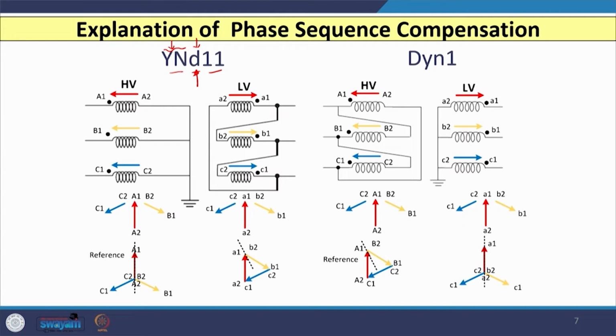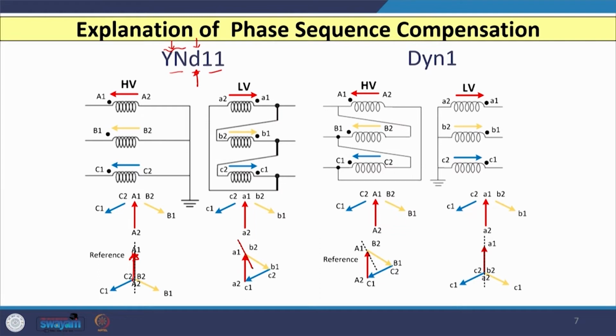We have already discussed that if I draw the phasor diagram for this star grounded delta 11 connection, then the reference phasor is always with the HV winding, that is star, and the delta side or LV side phasor is like this. So, we have 11 o'clock connection. Your LV winding phasor is leading with reference to the HV winding phasor by an angle of 30 degrees.